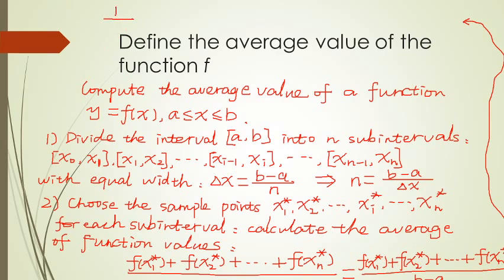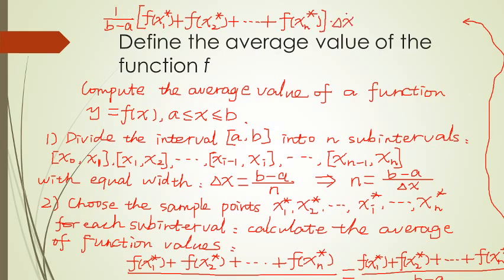I can put 1 over (b minus a) outside as a fraction. So it will be each function value, f(x1*) plus f(x2*) plus f(xn*), times delta x.